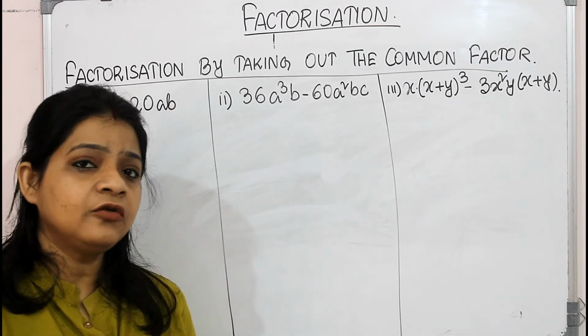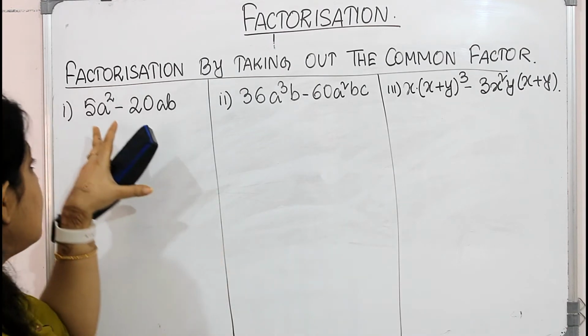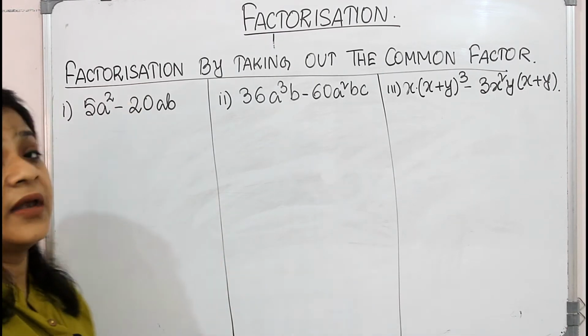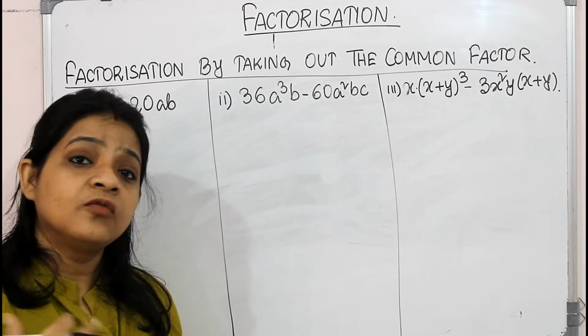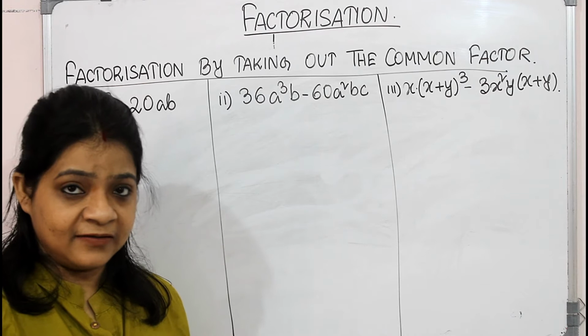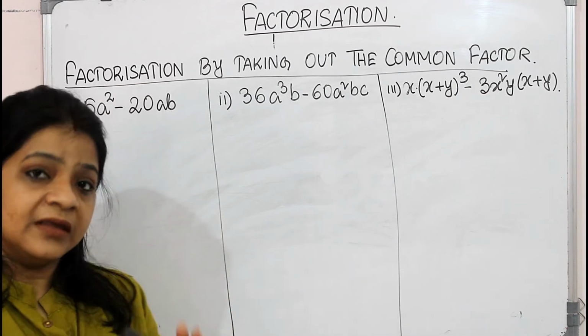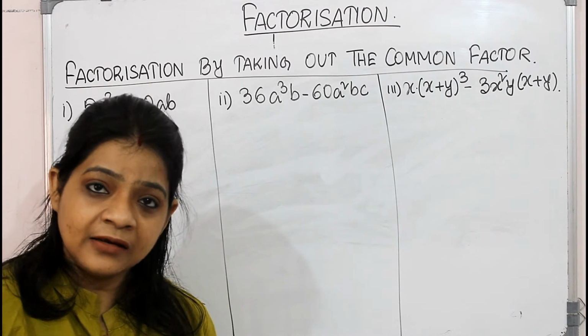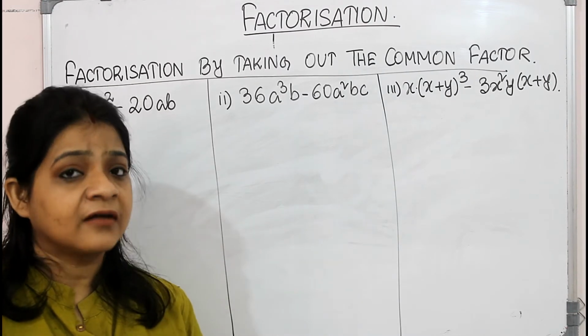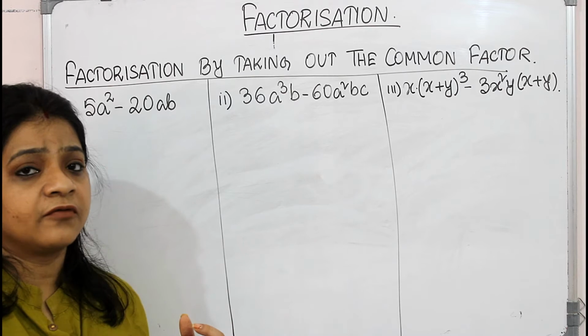Another thing to notice is 5a square and 20. 20 is divisible by 5, isn't it? So 5 is a factor of 20, right? Yes, 5 is a factor of 20.